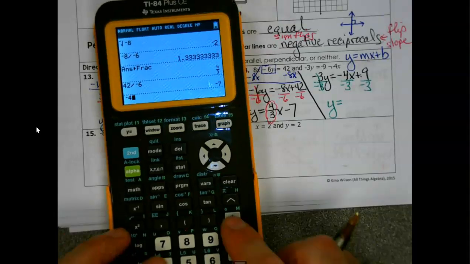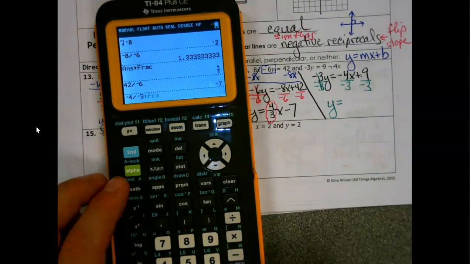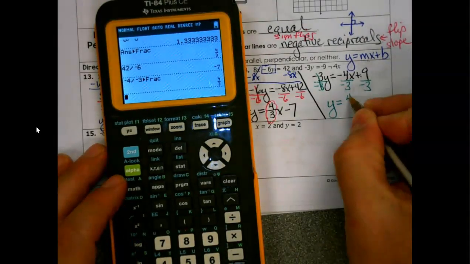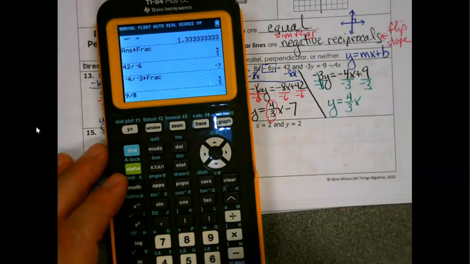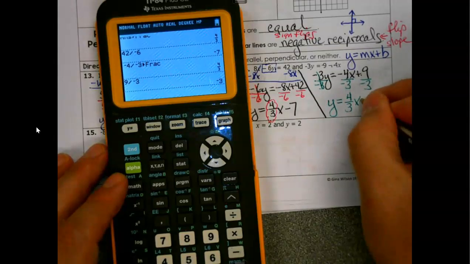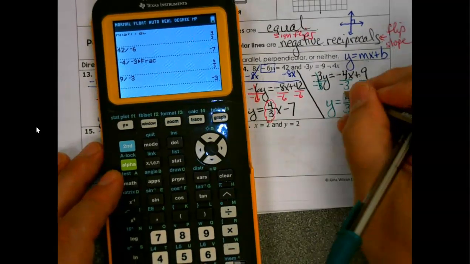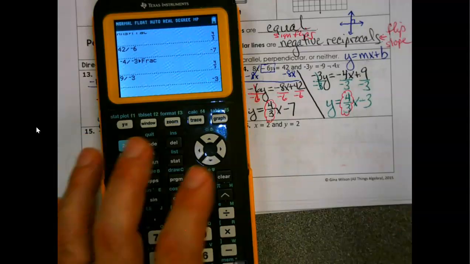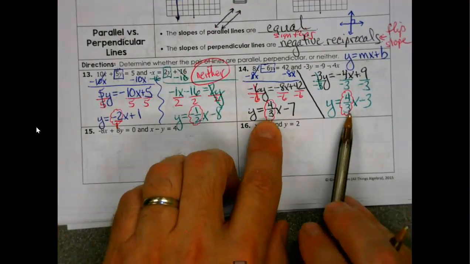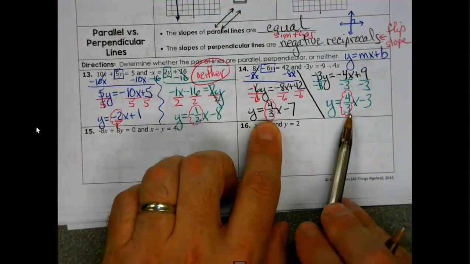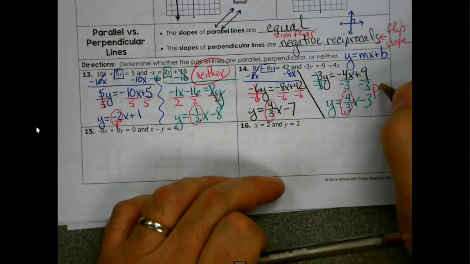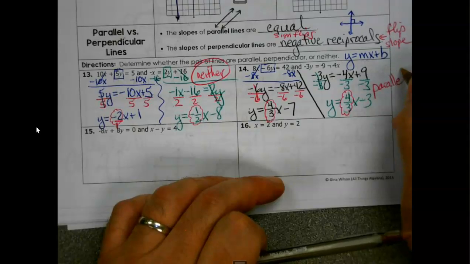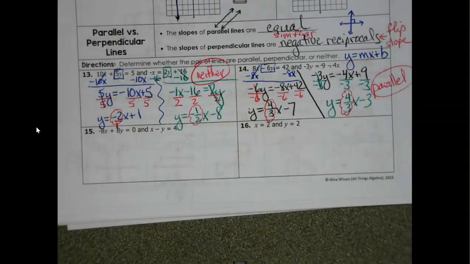If you're not sure on the fraction, again, little math interaction, never hurt nobody. 9 divided by -3. Those look the same to me. They're both 4/3. So these are parallel.